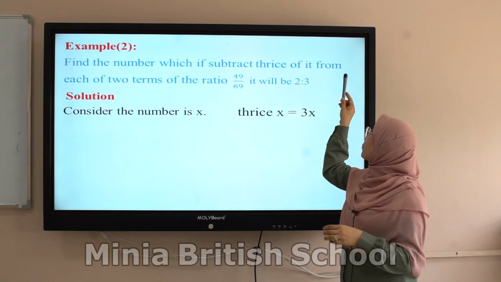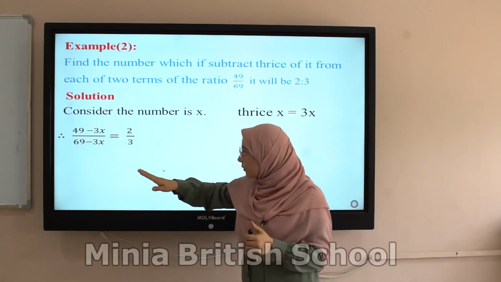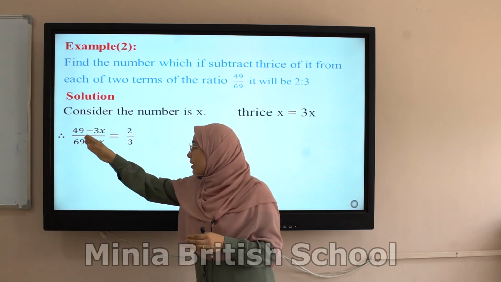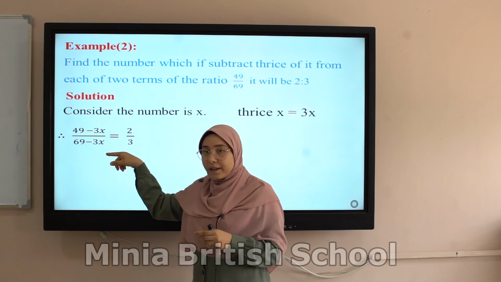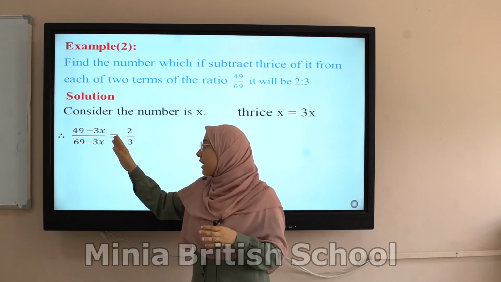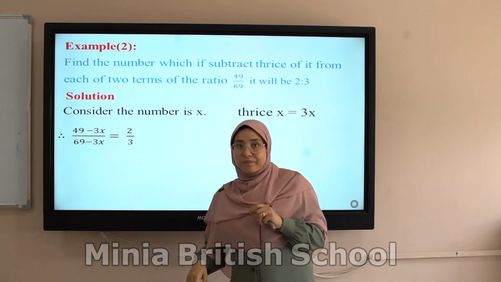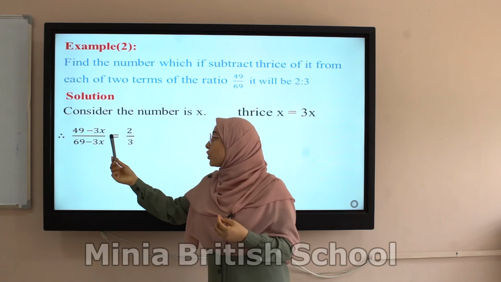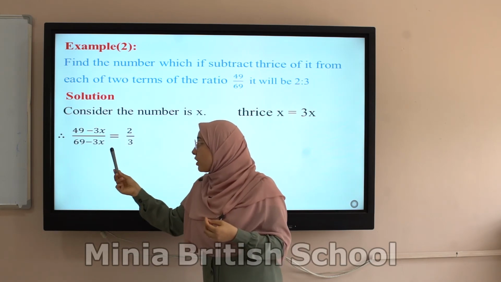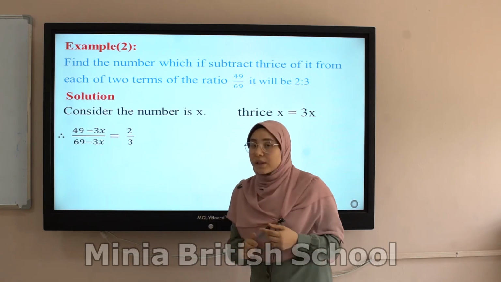Always after "from," I write it first. So the ratio 49 over 69, I will subtract thrice x, or 3x, from each of the two terms: 49 minus 3x to 69 minus 3x. It will be 2 to 3.